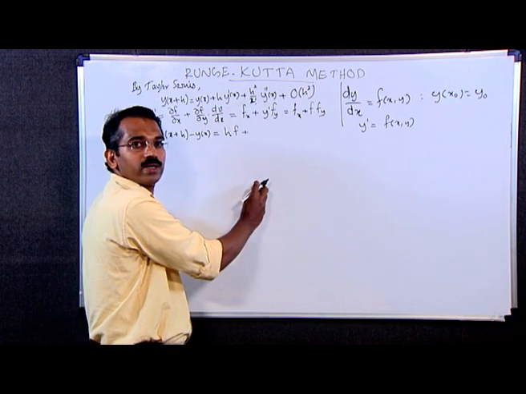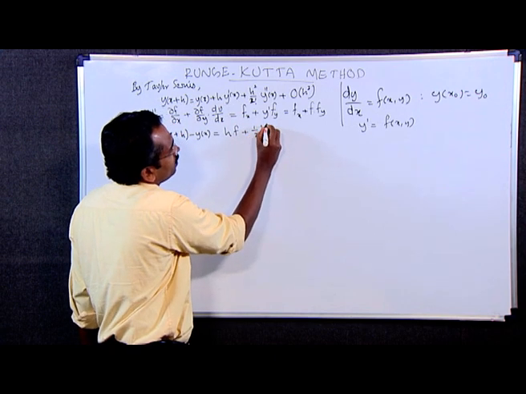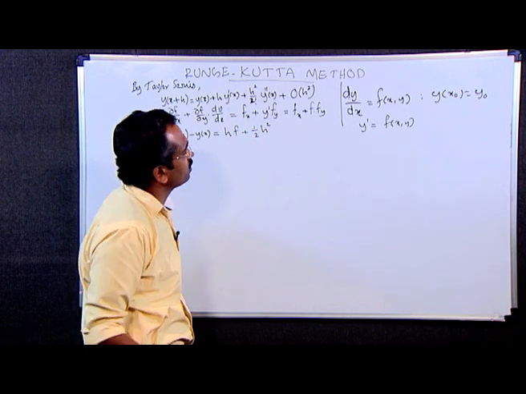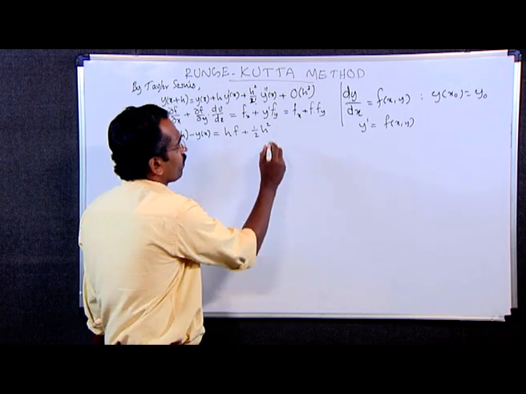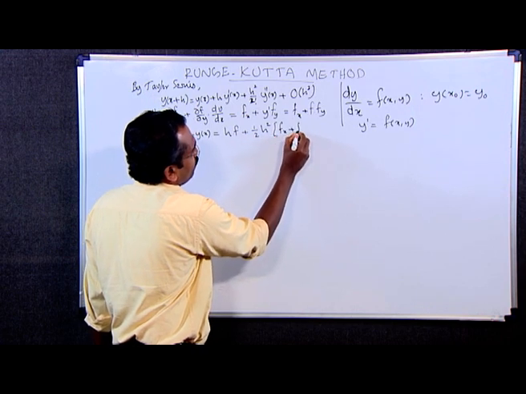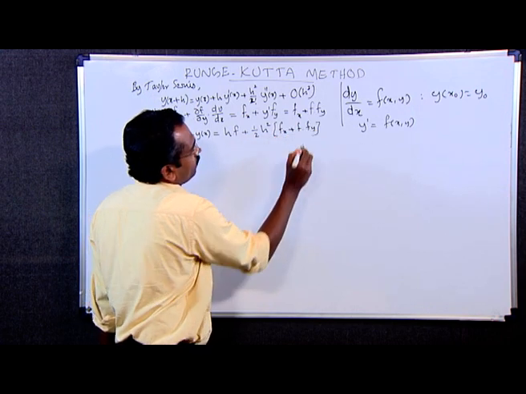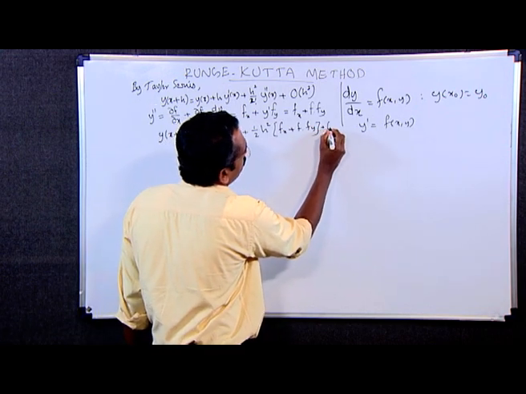Therefore, we can write 1 by 2 into h square y double dash is f x plus f into f y, plus O of h cube.